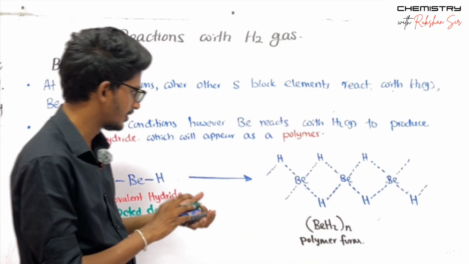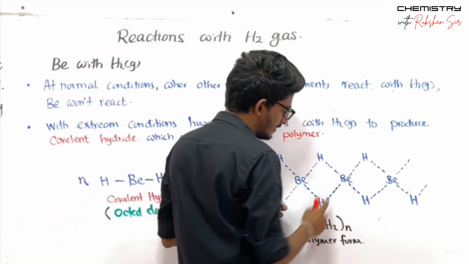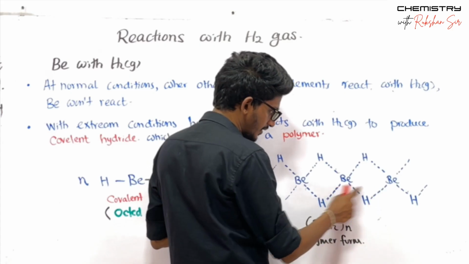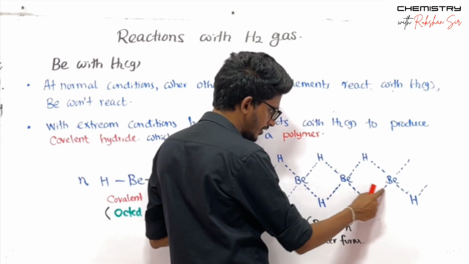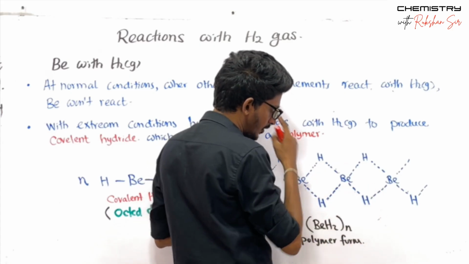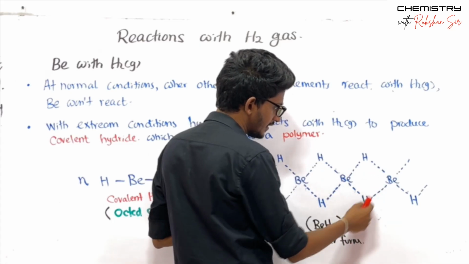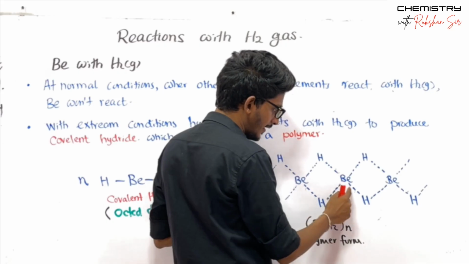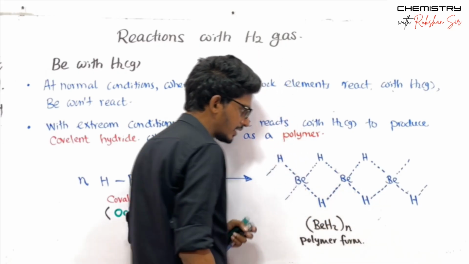The special name given to these is, in these cases you have two electrons going around three centers, three nuclei connected with two electrons, right?